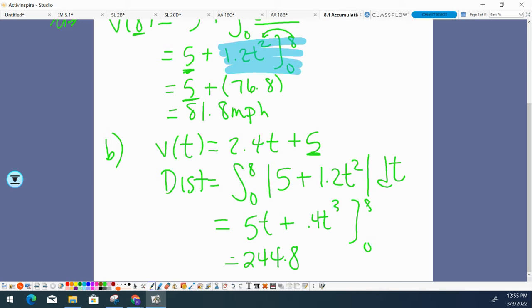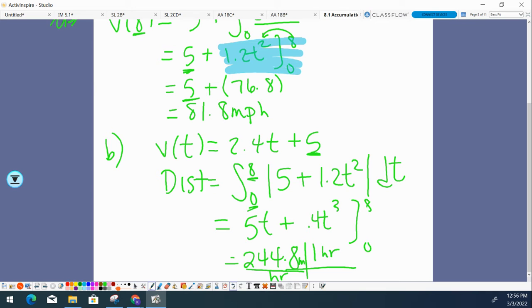All right, so this is miles. Now we have to be careful because think about how this was miles per hour, our velocity function, but we were also talking about 8 seconds. So now we got to convert it from hours into seconds.